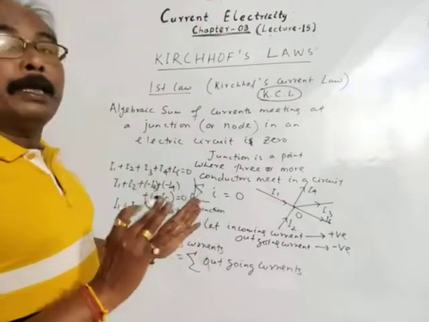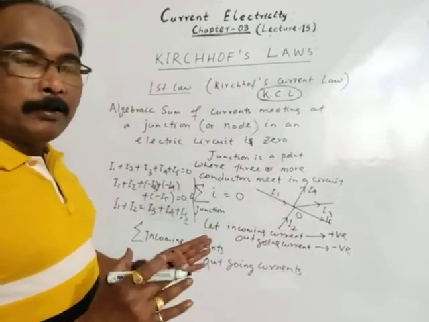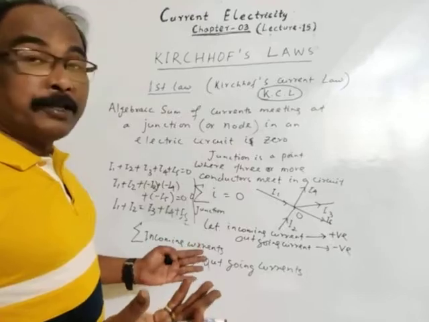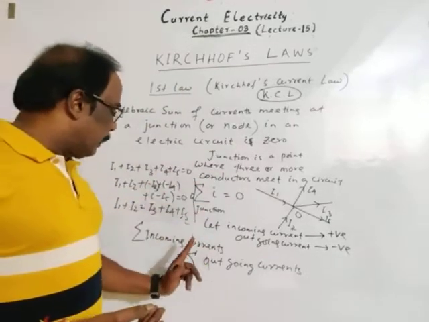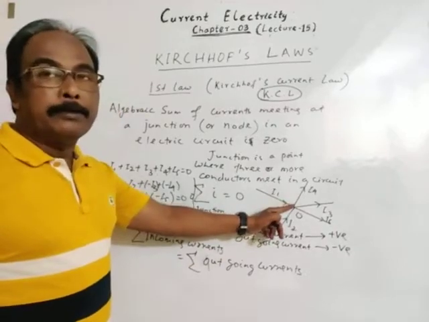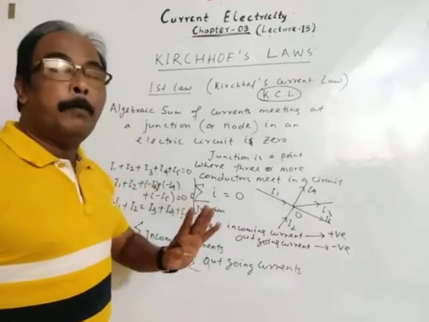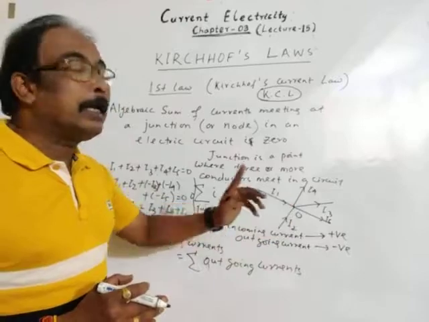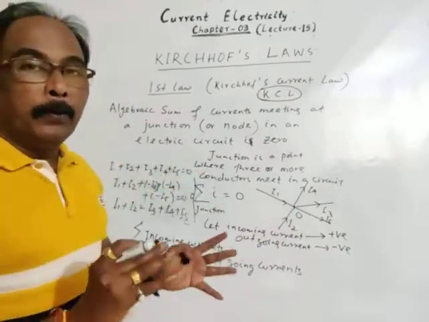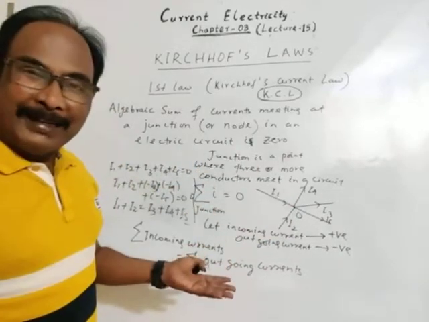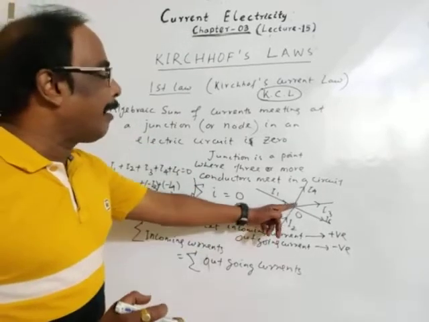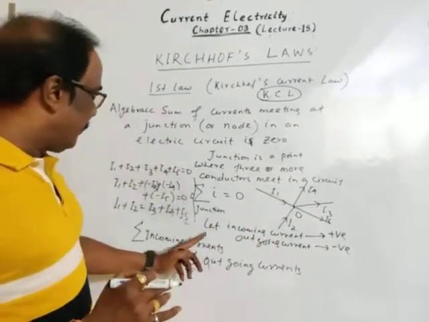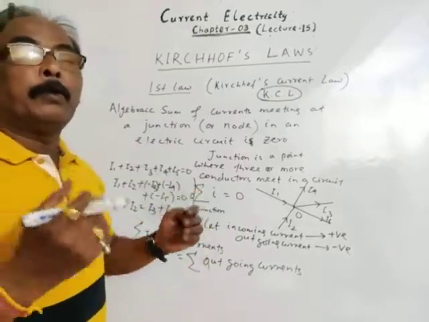According to Kirchhoff's first law, the sum of incoming currents is equal to the sum of outgoing currents for a junction or for a load in an electric circuit.